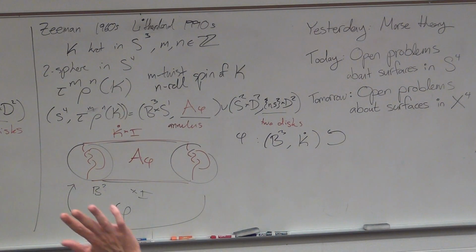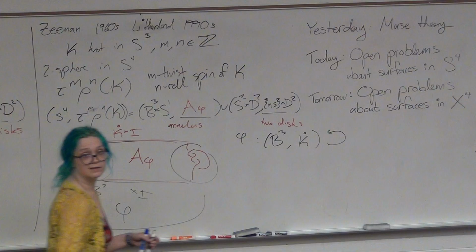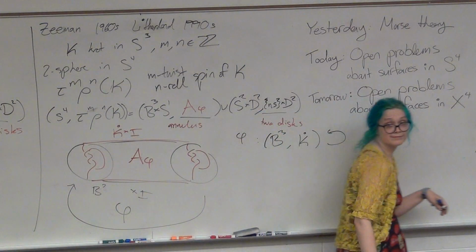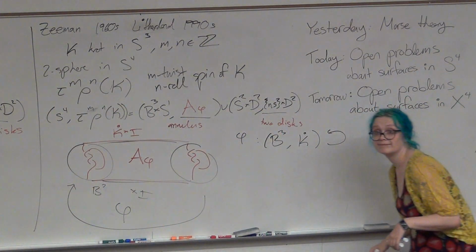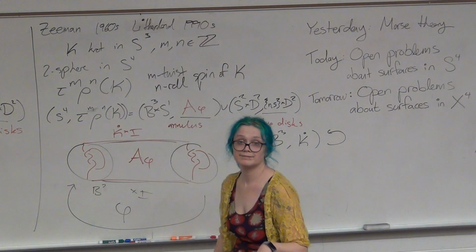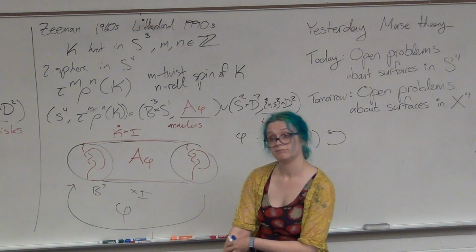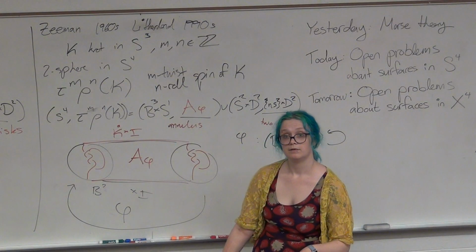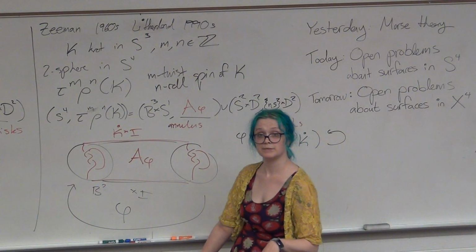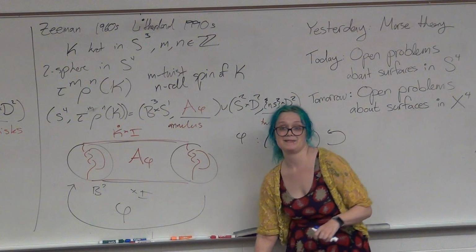What is the automorphism group of the 3-ball? I mean, anything that's the identity on the boundary sphere will be isotopic. That's right, it's all isotopic to the identity.